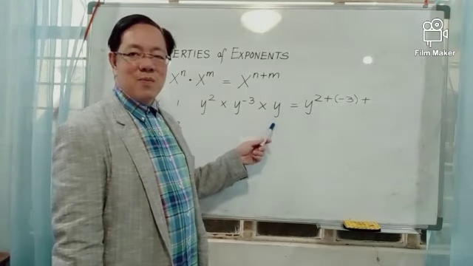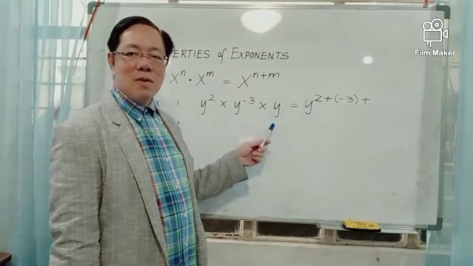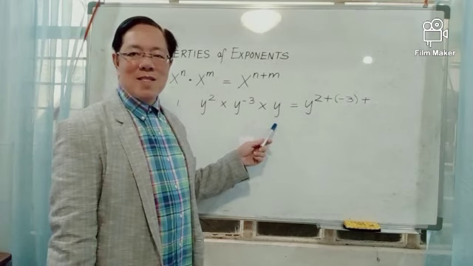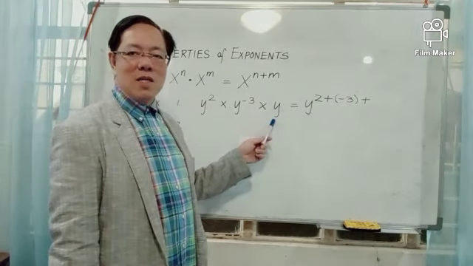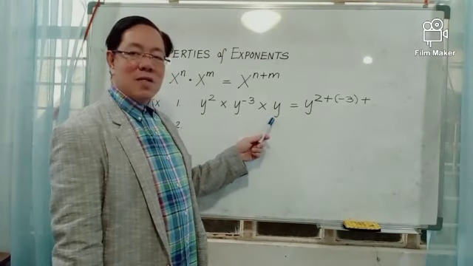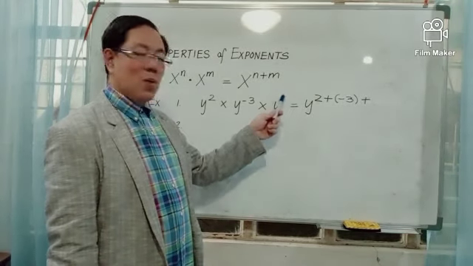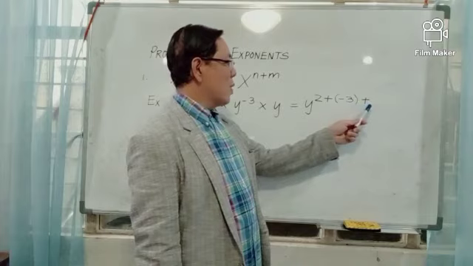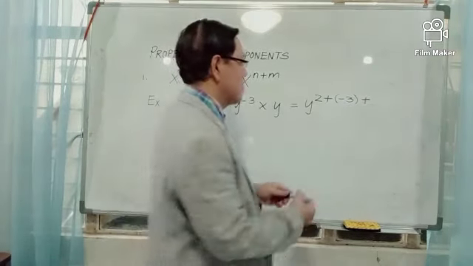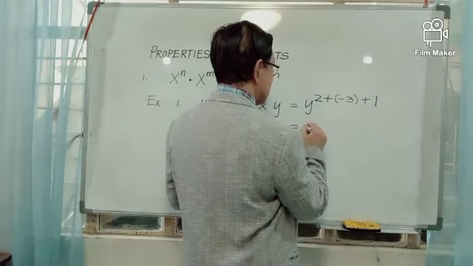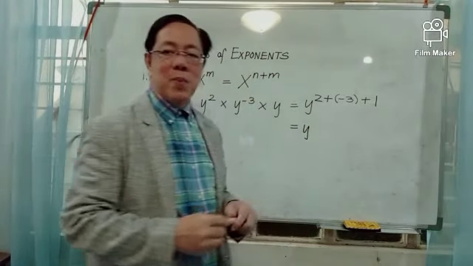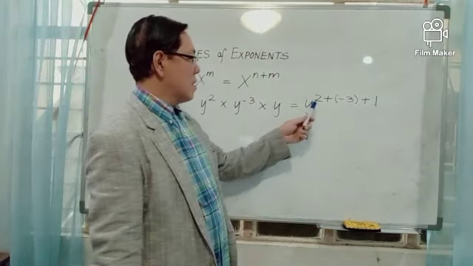And we said that if a variable has no specified exponent, it's understood that the exponent of that variable, such as y, is 1. Hence, the exponent of y here is 1. So we add 1 to negative 3 plus 1. And simplify the exponent of y.